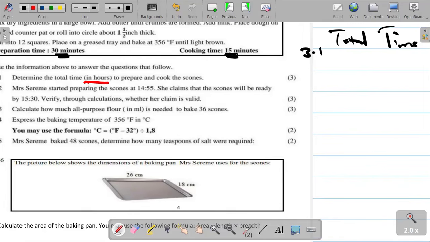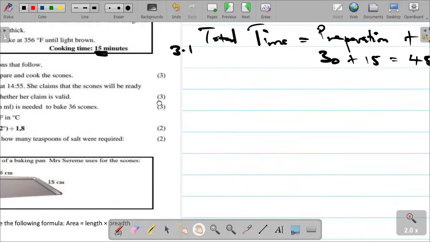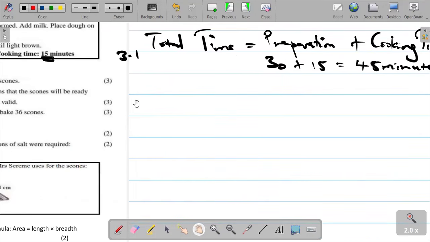So if it is in hours, we have to convert this 45 minutes.